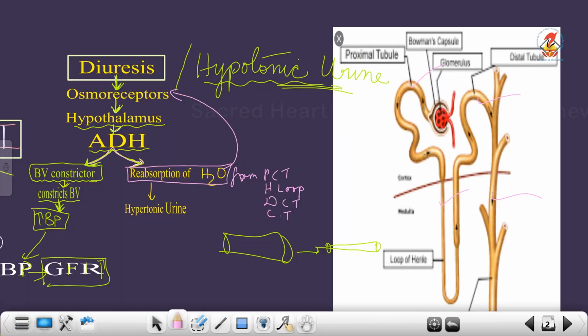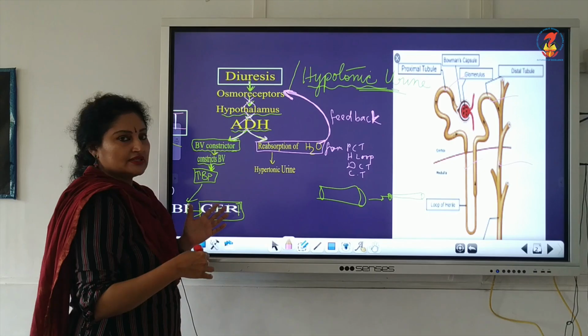That itself switches off our osmoreceptors. So that's a feedback. The amount of blood fluid results in the switching off of the osmoreceptors, and this does not stimulate the hypothalamus. ADH is stopped from being released.